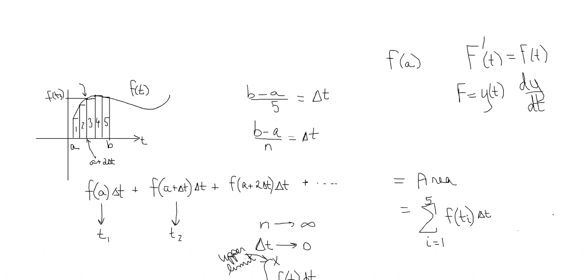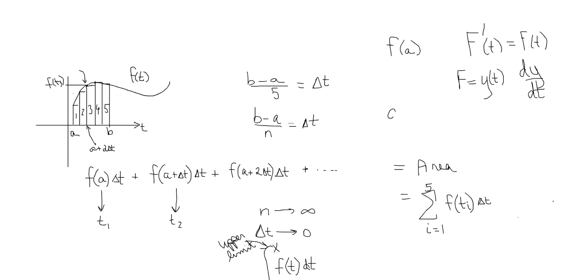I want you to recall, and this is extremely important, that the change in my output, dy, would be equal to the rate of change, dy/dt, times the small change in the input.